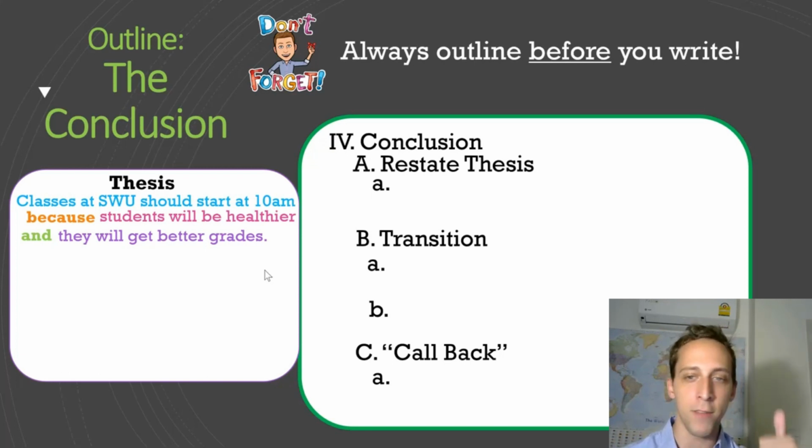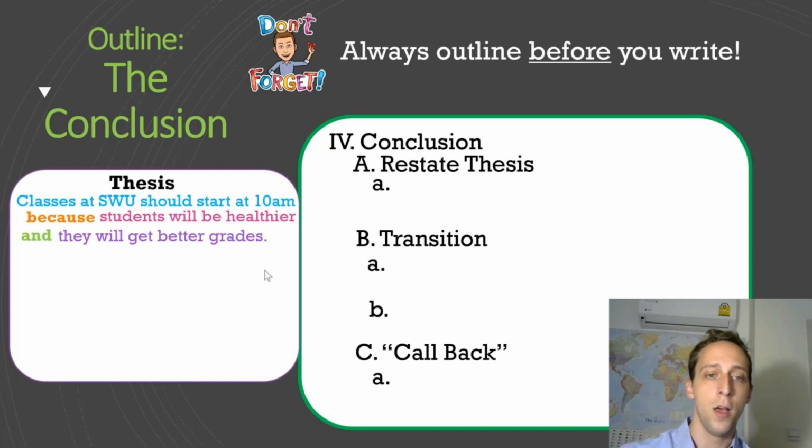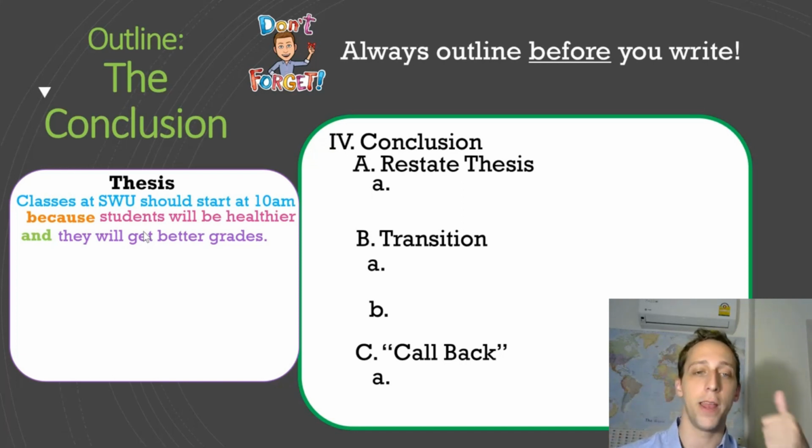To really have an awesome conclusion, you want to take this sentence and say it again in a different way. With a complex sentence, you guys know from English class, you can change the structure of that sentence pretty easily. So I'm going to put my reasons first, and then I will put my conclusion there. That's a fantastic way to do this.